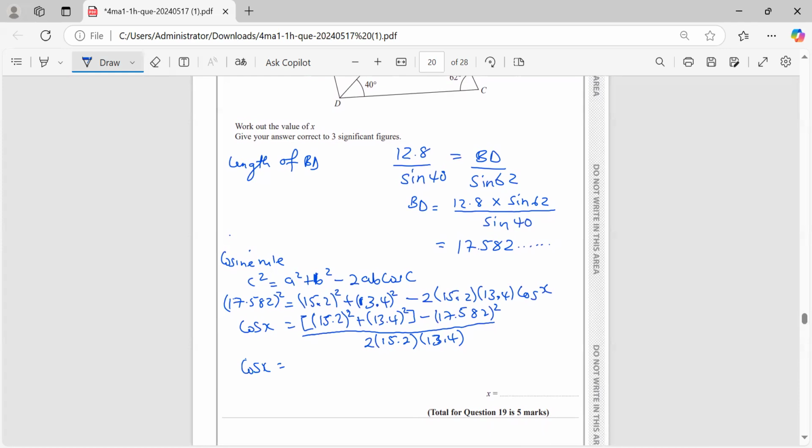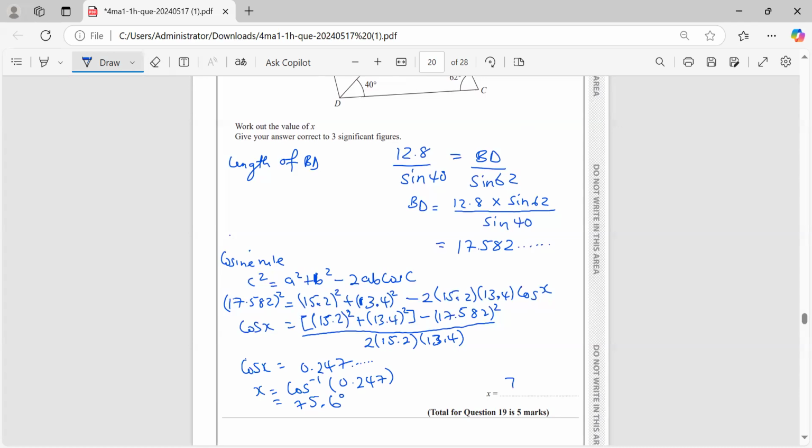So cos X, if you successfully solve this, should give you 0.247, right? And to find the value of X, you find the arc cos of 0.247, which should give you something like 75.6 degrees.